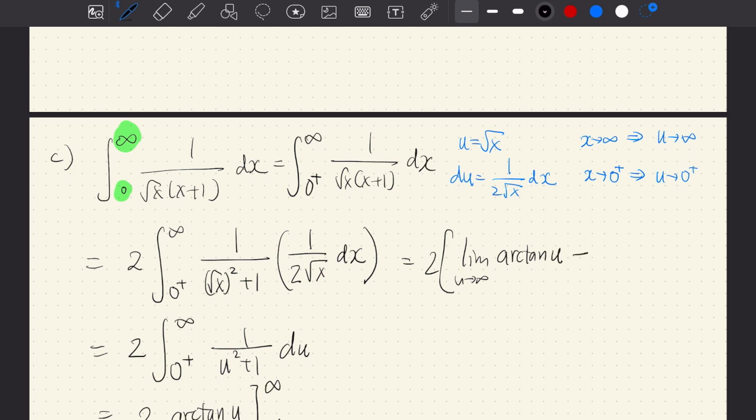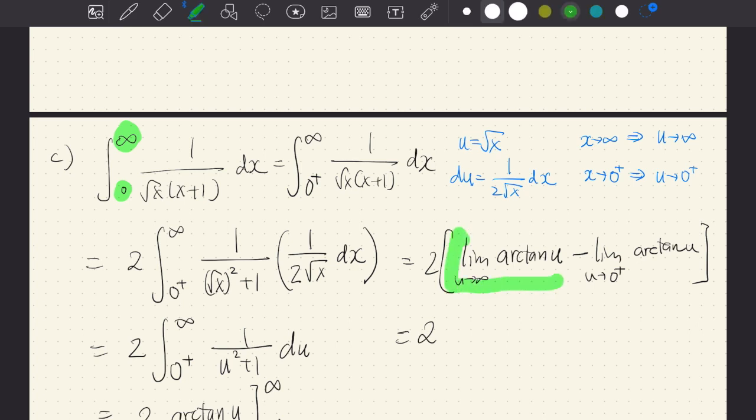And for the second one, u is going to 0 from the positive side, and we want to add arctangent u. Previously, when we talked about improper integrals, we have argued that this one should actually go to pi over 2. So this is pi over 2.